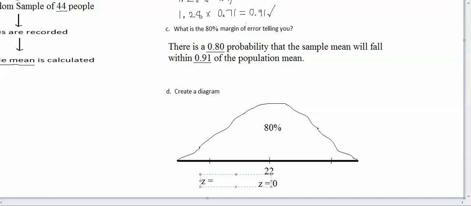The z-score at the lower end of the middle 80% is negative 1.28, and the z-score at the upper end of the middle 80% is positive 1.28. This z-score is the same z-score that I plugged into the formula. It's just the confidence coefficient. So I got this 1.28 from up here. These two z-scores are just the confidence coefficient and the opposite of the confidence coefficient.